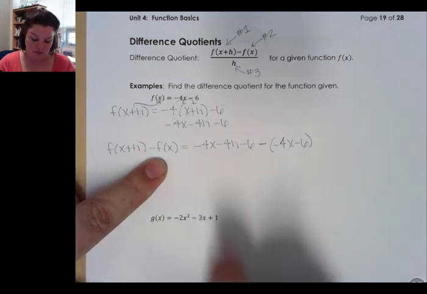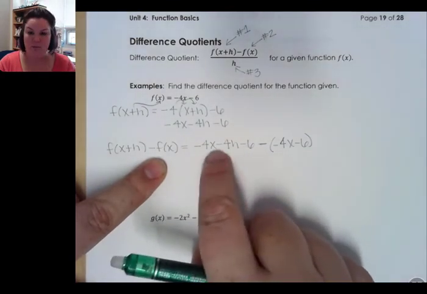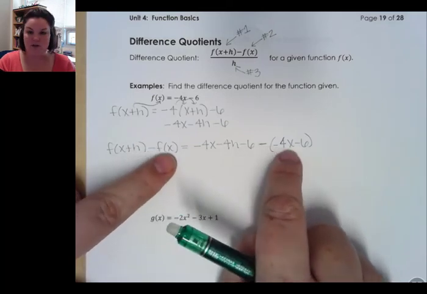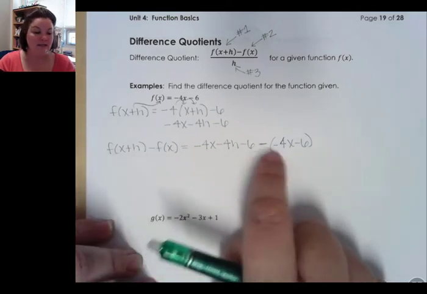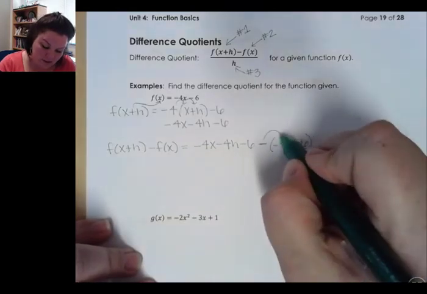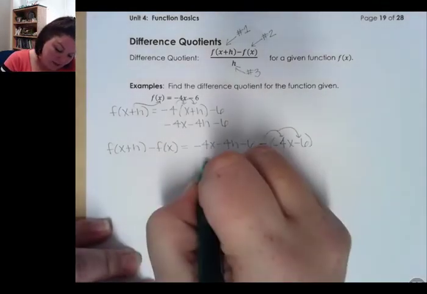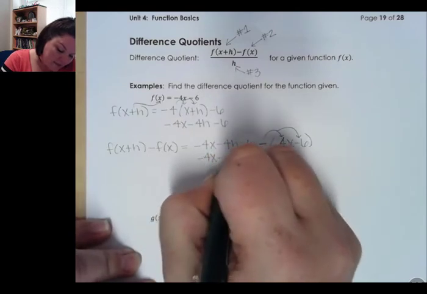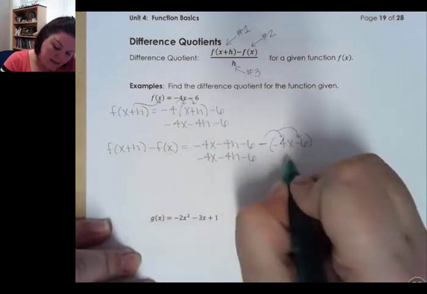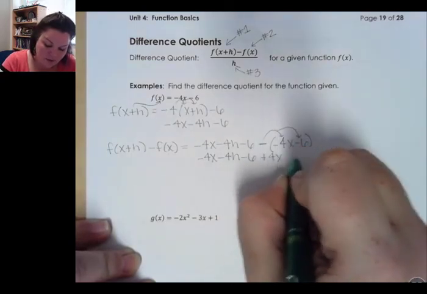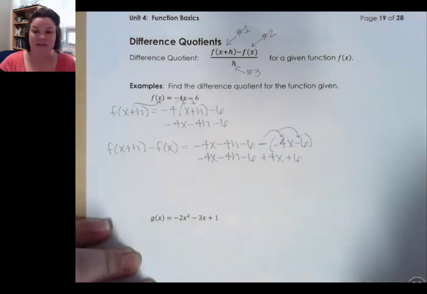Now when I subtract that original, all it's going to do is change the signs of those terms in the parentheses. When I distribute that negative, I'm going to end up with a positive 4x and a positive 6.